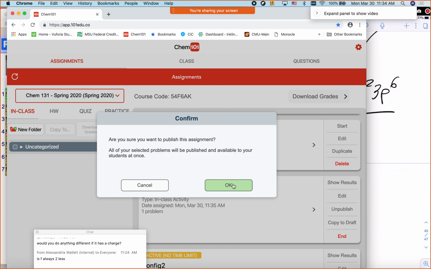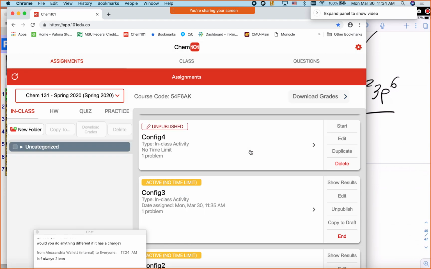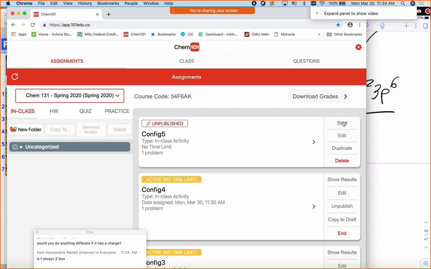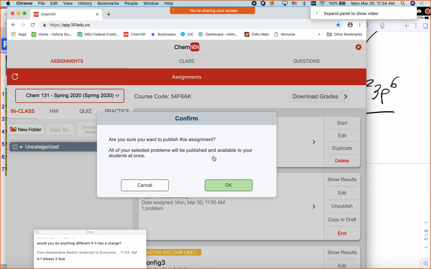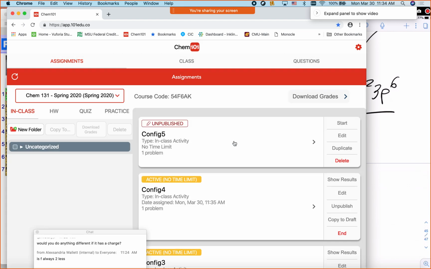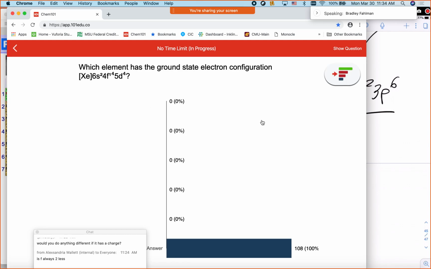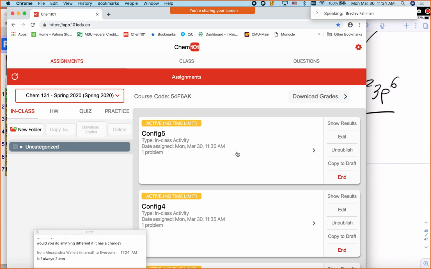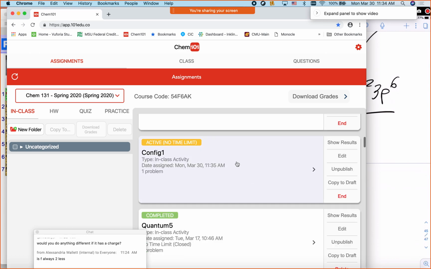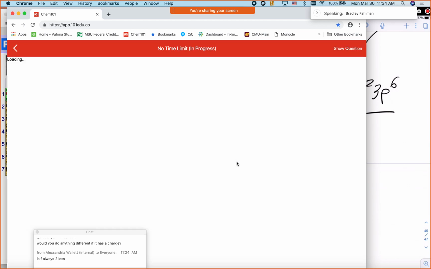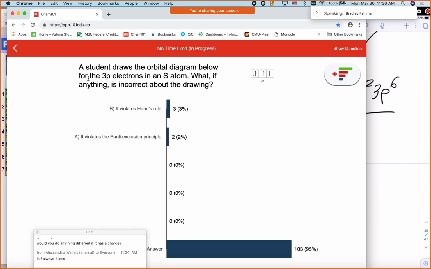Okay, so let's start with config 1. This is slow here today. Okay, config 1 is a student draws the orbital diagram.